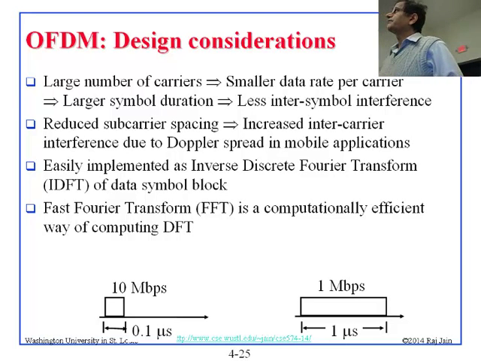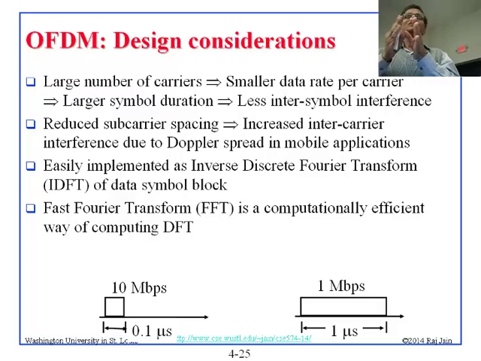All right, but if you have too many carriers, then the carriers are next to each other, right? And now there is a Doppler shift. Remember, Doppler shift is that if you move a little bit, the frequency changes. So this frequency becomes that frequency.